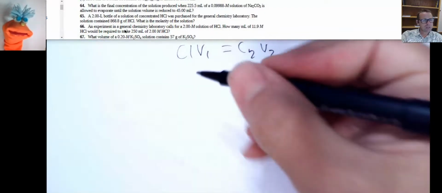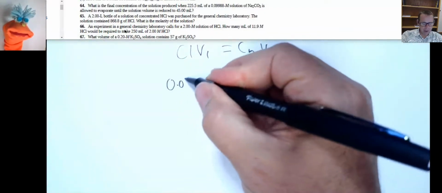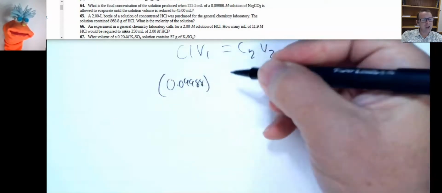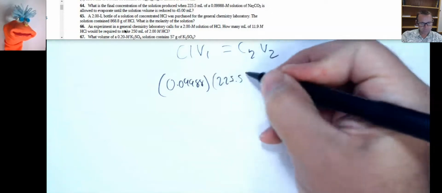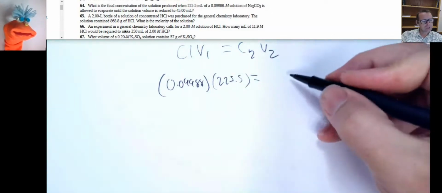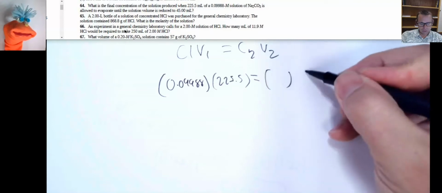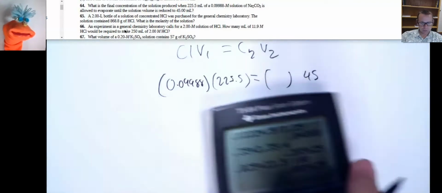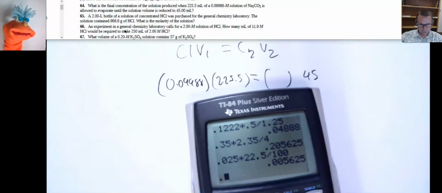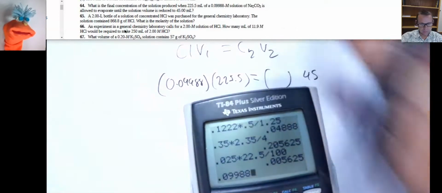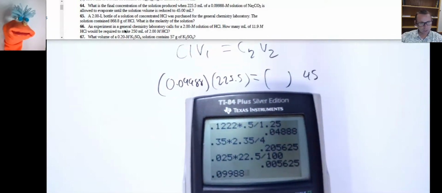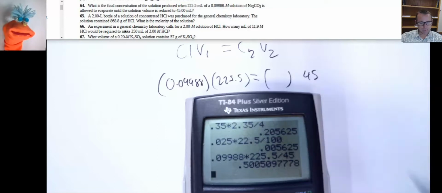Our initial concentration 0.09988, our initial volume 225.5, and the new concentration when this gets down to 45 milliliters, right? So 0.09988 times 225.5 divided by 45. So half a molar.